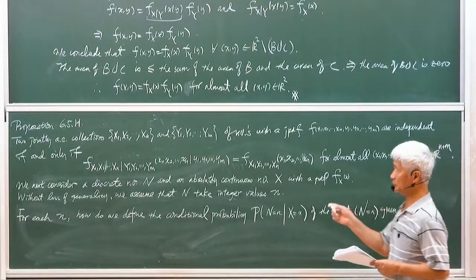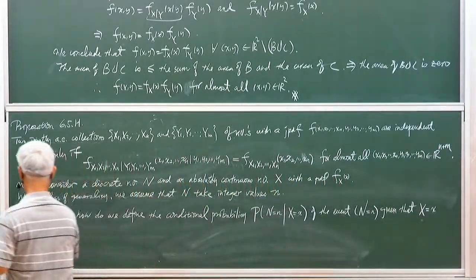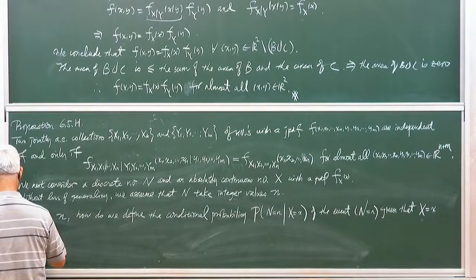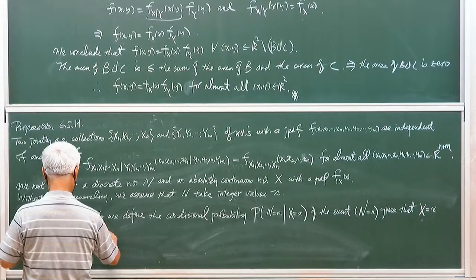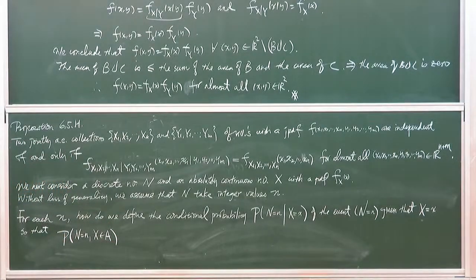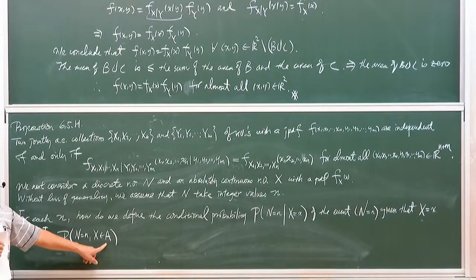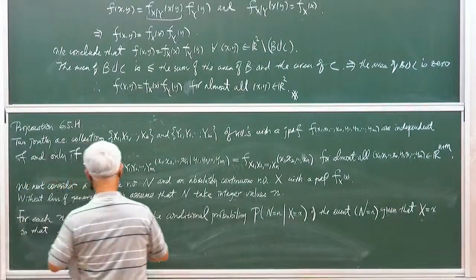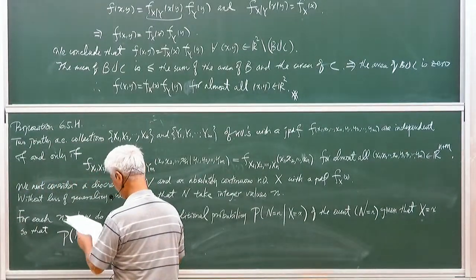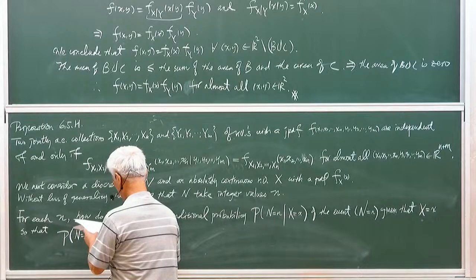Right? So what we want is that the probability of the joint event, okay, so this is an event described by the discrete random variable, and this is an event described by the absolutely continuous random variable X, and A is just a Borel set in the real line. Okay, so what we want is that we would like to have here.